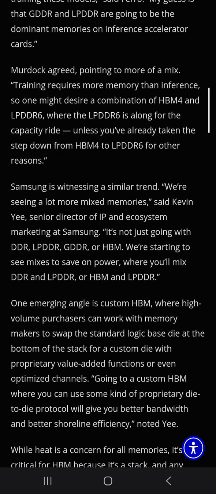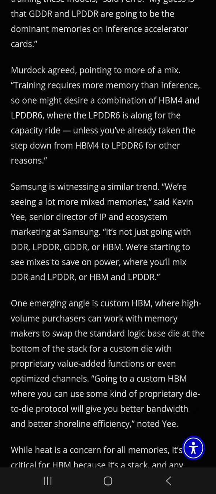Murdoch agreed, pointing to more of a mix. Training requires more memory than inference, so one might desire a combination of HBM4 and LPDDR6, where the LPDDR6 is along for the capacity ride, unless you've already taken the step down from HBM4 to LPDDR6 for other reasons.